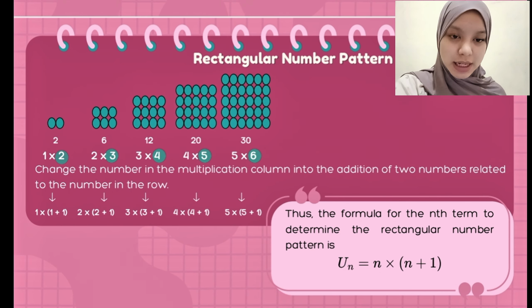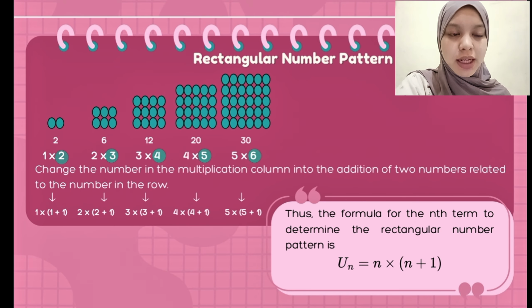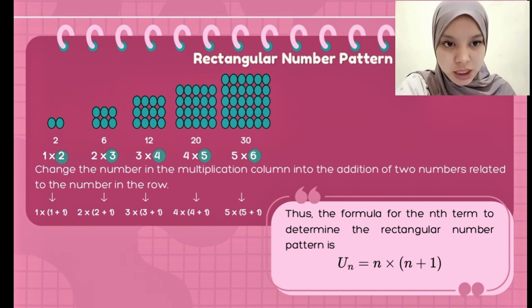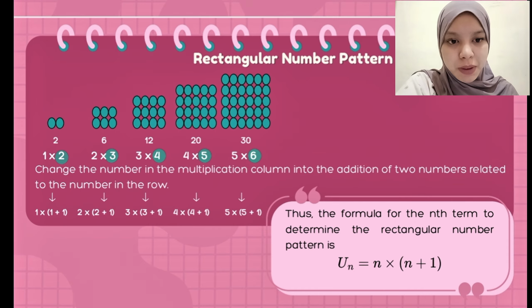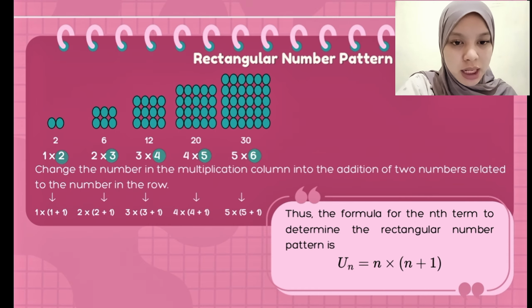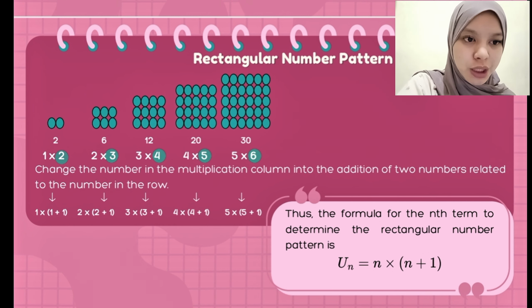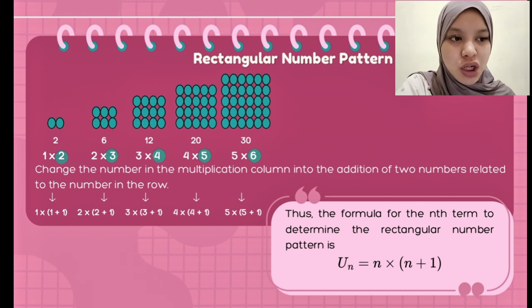Okay, next. Rectangular number pattern is a sequence of numbers that can be formed by arranging objects into a rectangular shape. The sequence of rectangular number is 2, 6, 12, 20, 30, and so on. This pattern can be written as the multiplication of two consecutive natural numbers.